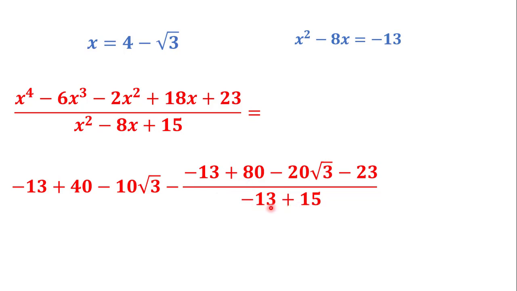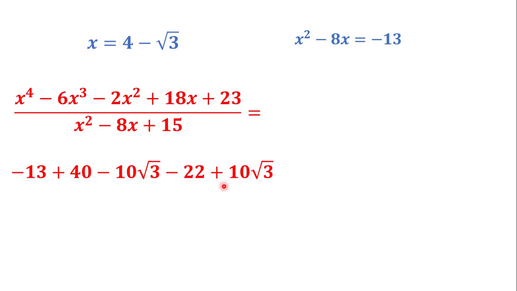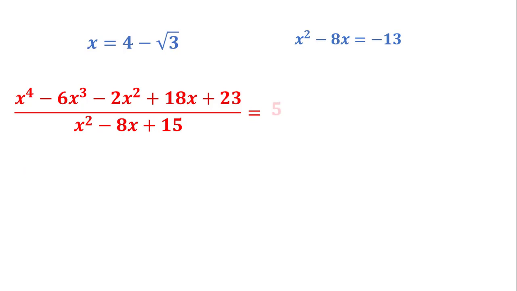Minus 13 plus 15 becomes 2, and in the numerator minus 13 plus 18 minus 23 becomes 14, 4 minus 20 times square root of 3 over 2 equals 22 minus 10 square root of 3, and by multiplying this expression by minus 1 we're going to get minus 22 plus 10 times the square root of 3, and this term is going to cancel out, and minus 13 plus 14 minus 22 equals 5.